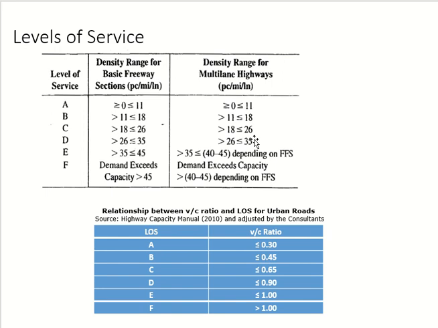Level of service D on both sides means the traffic conditions on both sides are more or less equal. You can see the increase in speed and decrease in flow, but as far as the traffic flow is concerned, it's more or less in the same condition. Clear? Any questions?